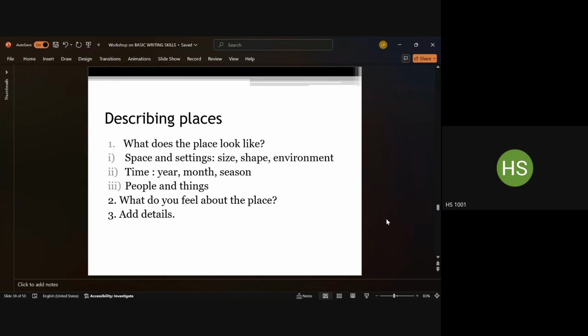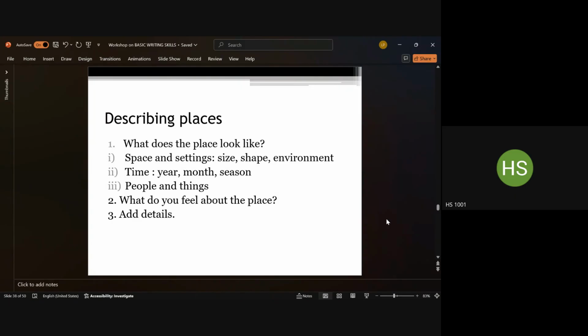Since a place is vast, it is a spatial thing, we have the opportunity to write even about the people and things that you see there. So that also goes into the description part. Okay. So space and settings, time, people, and things. These three parts need to be included in the physical appearance description of places.